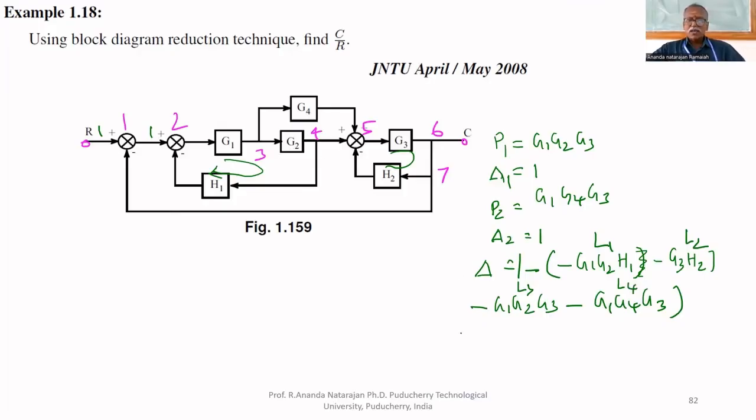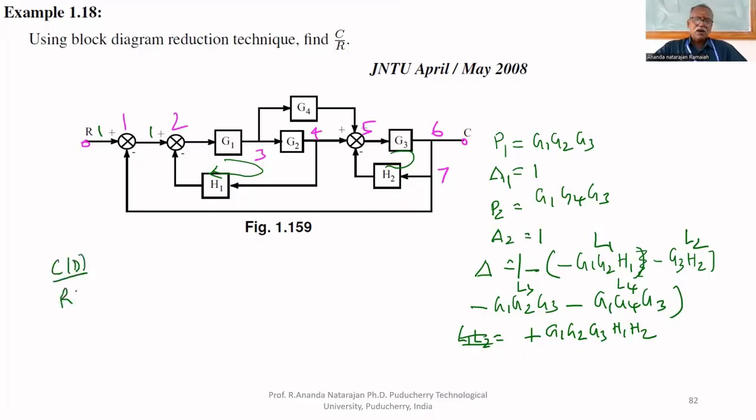Non-touching loops are L1 and L2, that is plus. These two are non-touching loops. Therefore, plus G1, G2, G3, H1, H2. That's all, I found delta also. Now I can write the transfer function.